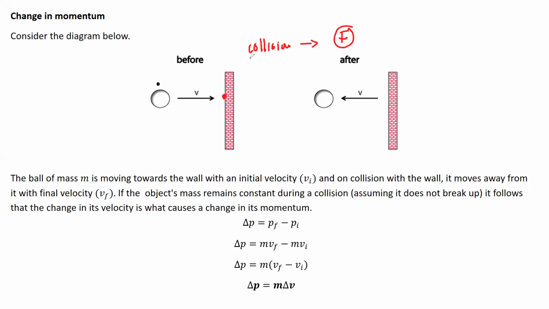So the collision brings about a force, okay? The force causes the object to accelerate. Forces exerted on objects cause objects to accelerate. You did it also a bit in grade 11, the topic is vertical projectile motion.